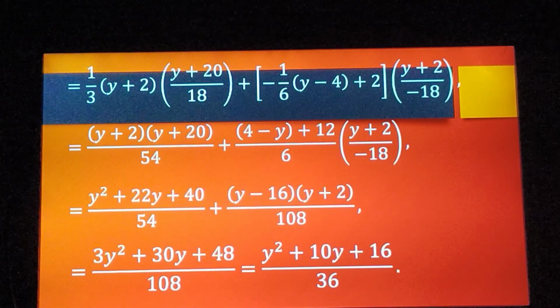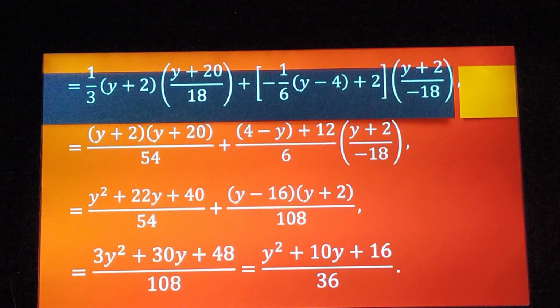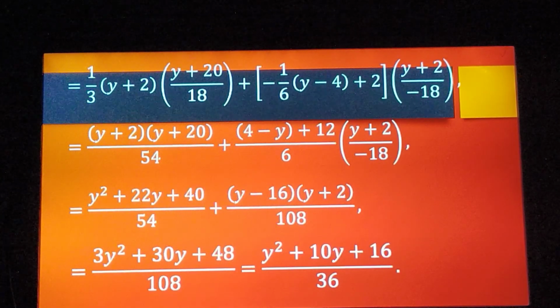So that is the equation of the parabola: x = (y² + 10y + 16)/36.